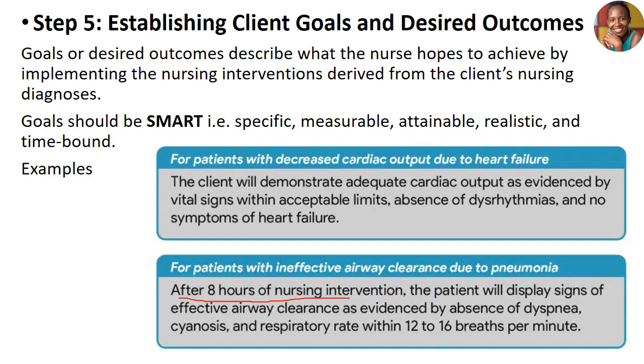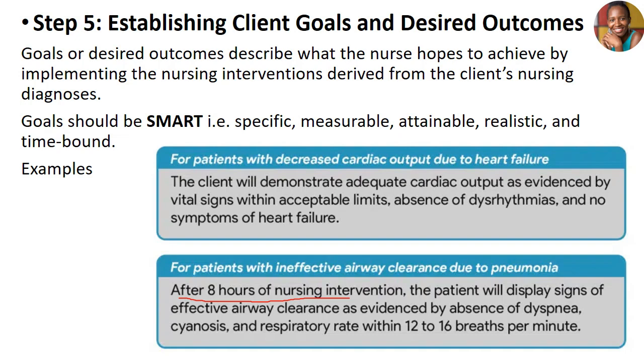This looks fair to me. Makes sense because the nurse is expecting a demonstration of adequate cardiac output, and what are they expecting to see? Vital signs that are within acceptable limits, absence of dysrhythmias, and absence of symptoms of heart failure.